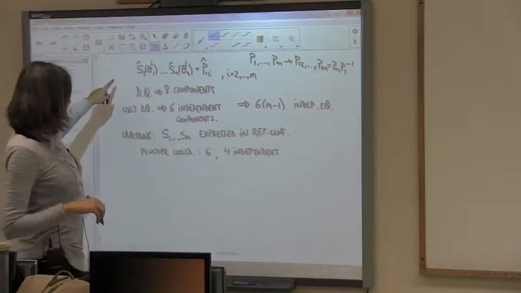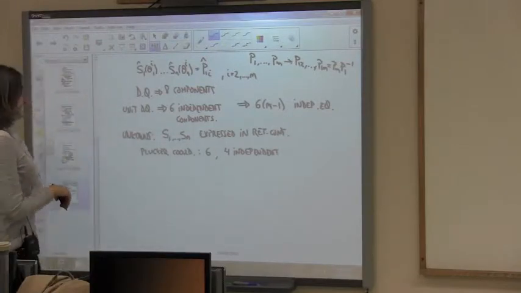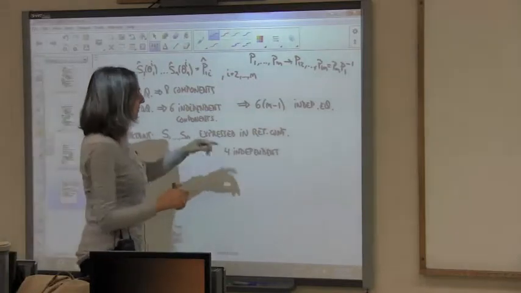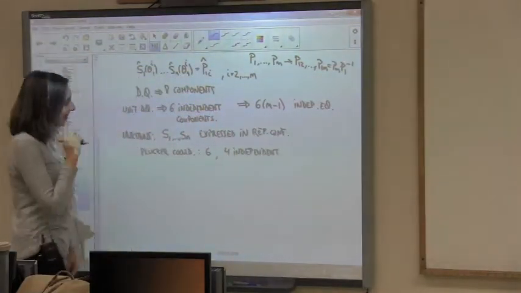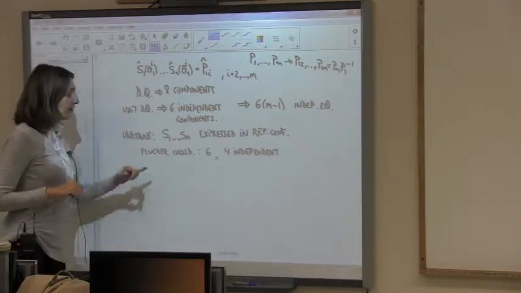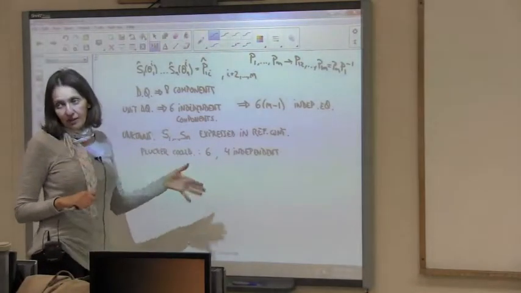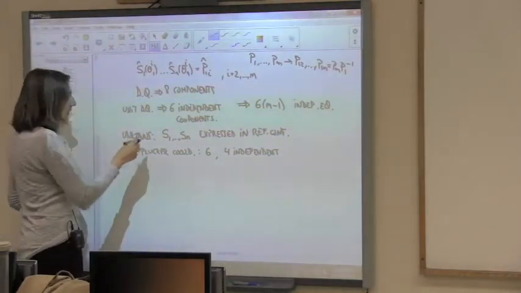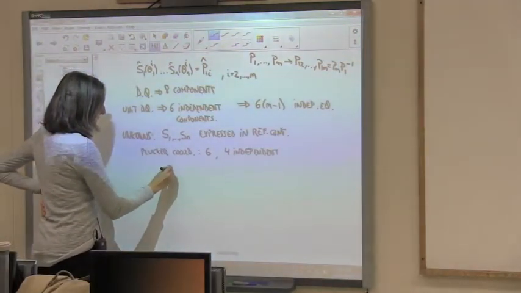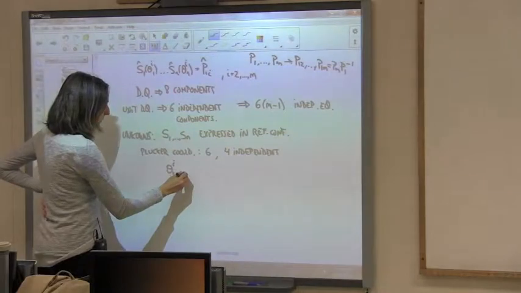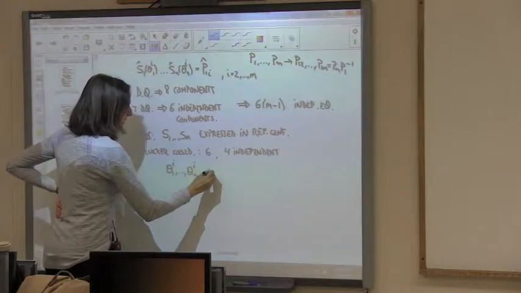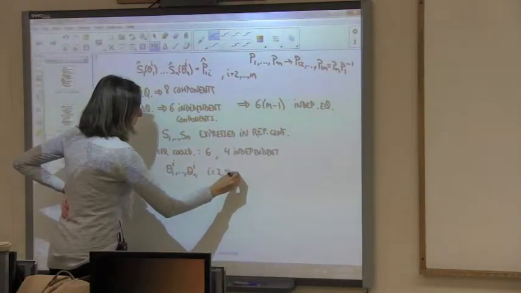Unknowns: S1 to Sn, the joint axes, expressed in the reference configuration, whatever one you take as your reference. Each of them will have 4 independent Plucker coordinates, 6 in total plus 2 constraints. And we also have the angles, right? So we have theta 1i up to theta ni, i equal to 2 to m.